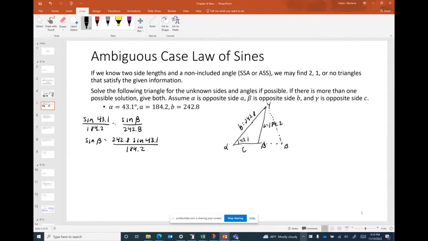All right. So if I calculate that, that's going to be the sine of beta. So if I want to know beta, I just do inverse sine of both sides, right? So beta then is going to be the inverse sine of 242.8 times the sine of 43.1 over 184.2.